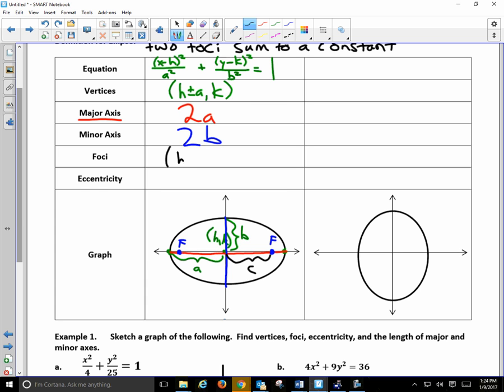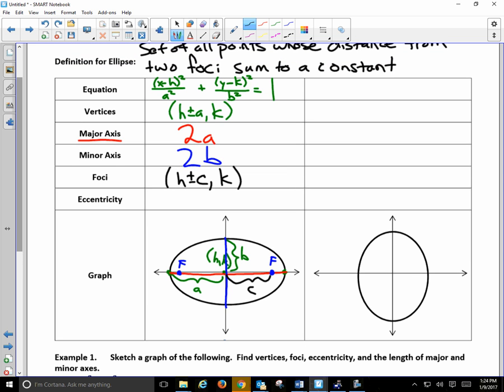H. So I have h plus or minus c, and k. The eccentricity is a measure of how stretched it is.